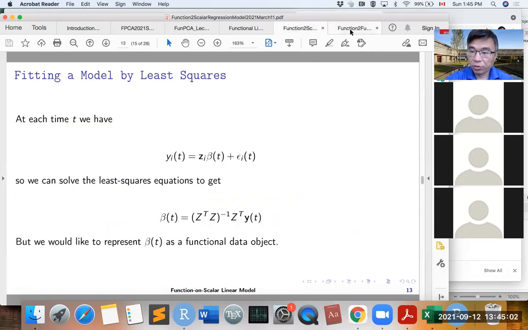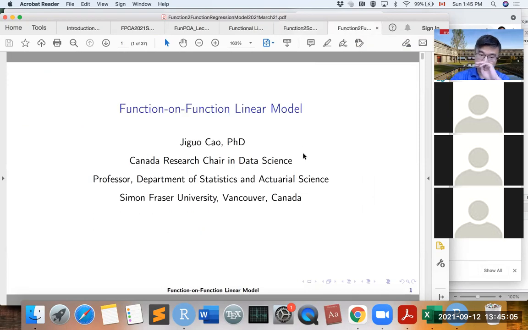So now let's move on to the last scenario for functional models. It is also the most complicated functional linear model.